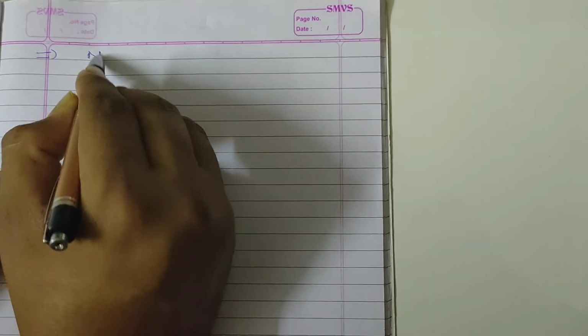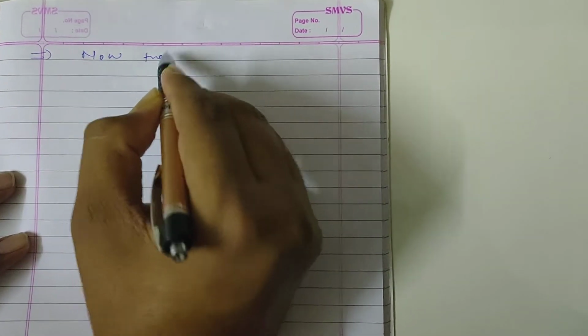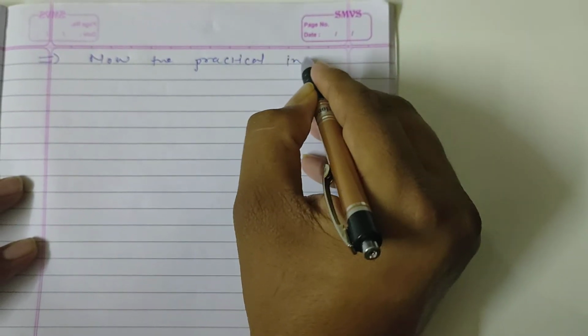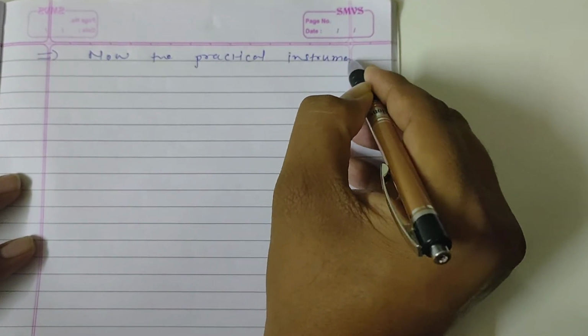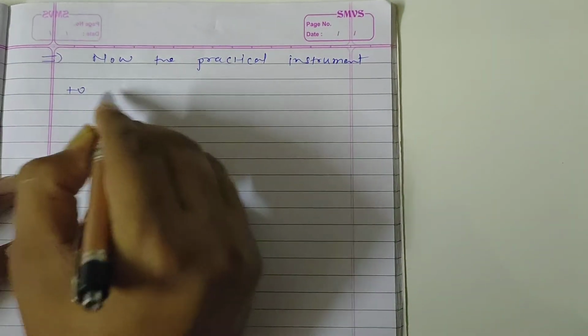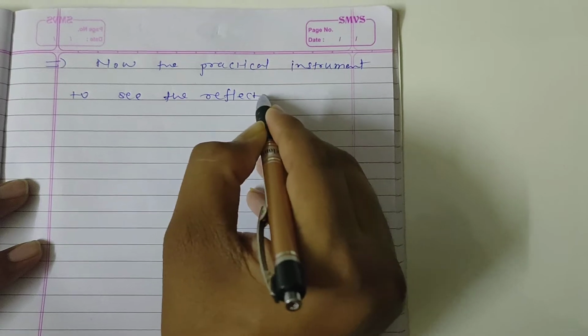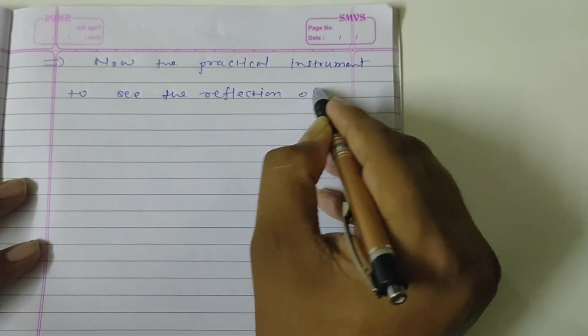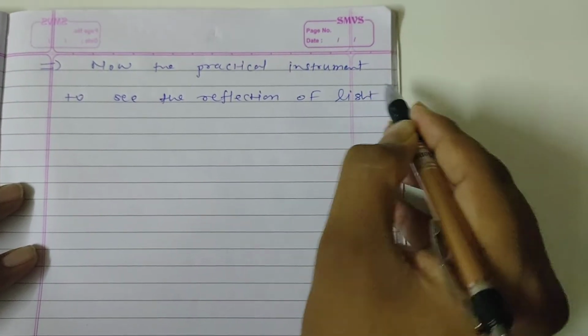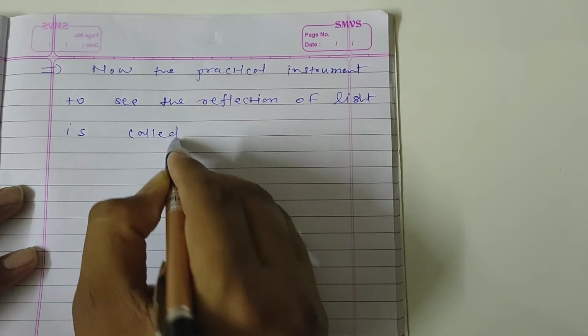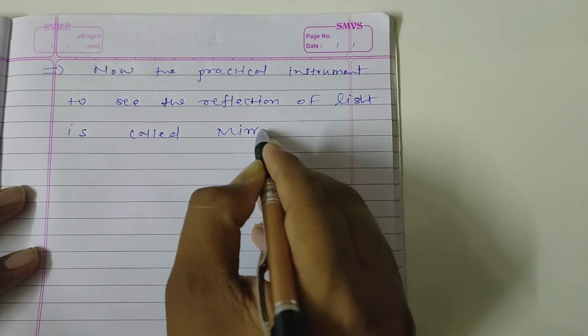Now, the practical instrument to see the reflection of light is called mirror.